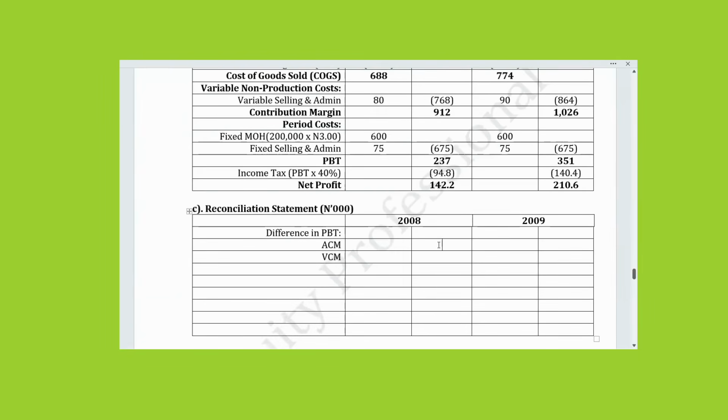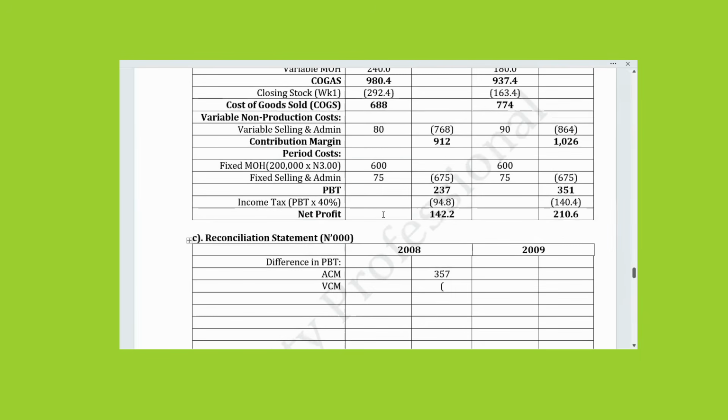So here is 357. Under variable costing method, 237. So what's the difference? 120. That represents difference in profits in 2008.